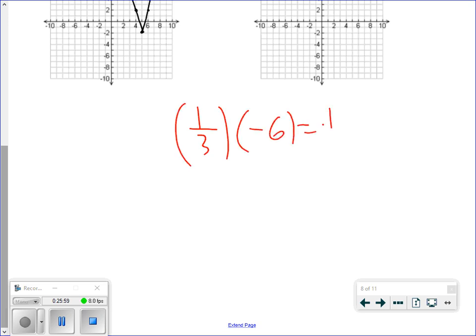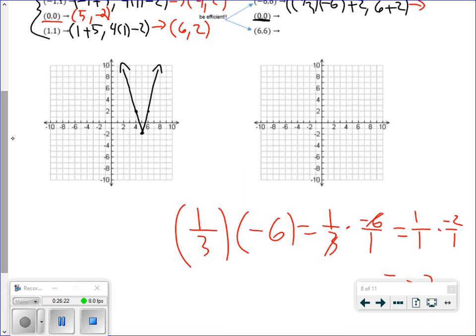We can rewrite this as 1/3 times -6/1. And this 3 and -6 cancel each other out, -6 divided by 3. You can cancel like that if you're multiplying. This gives you 1/1 times -2/1, which is just -2. So that's why we chose -6, because we wanted to get rid of that denominator.